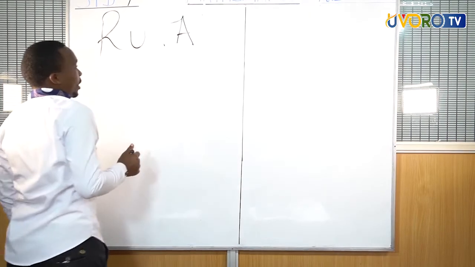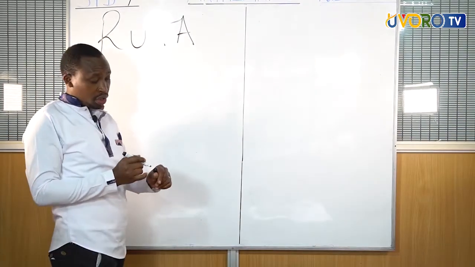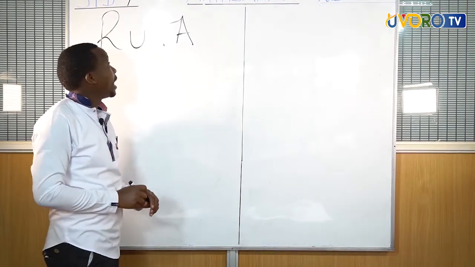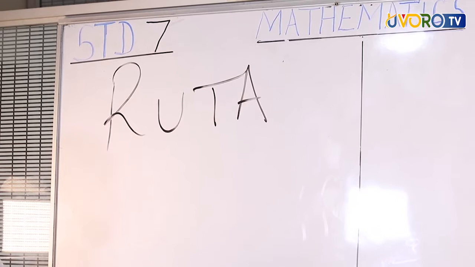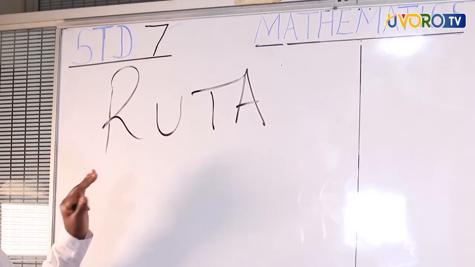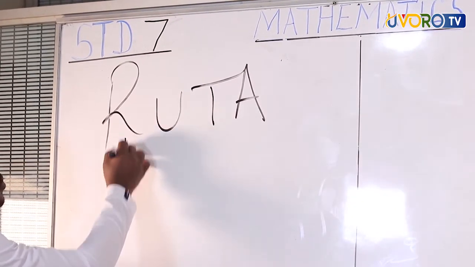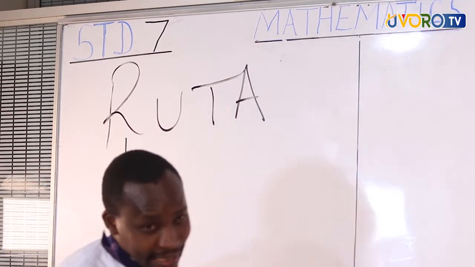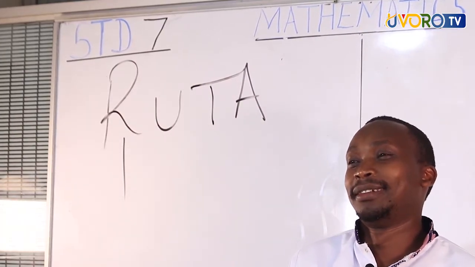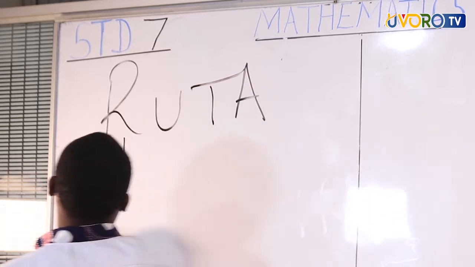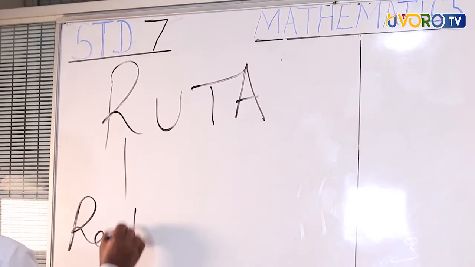Now, for those who had not joined us last time, we had a formula that you are supposed to use as you solve any sum. Who can tell us what R was standing for? That was read.